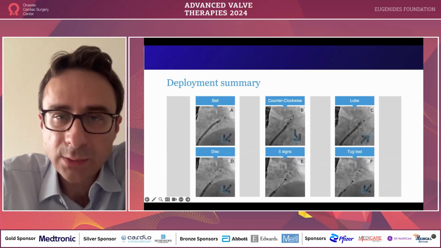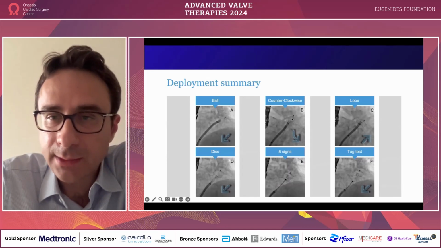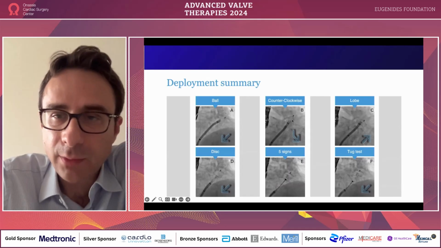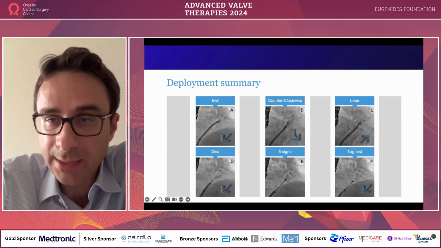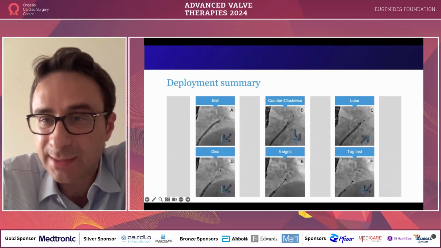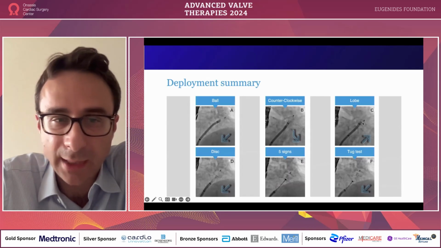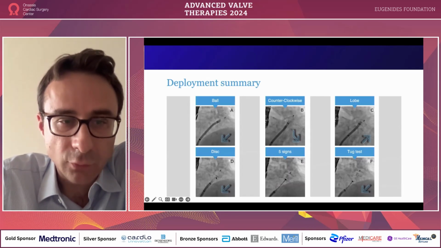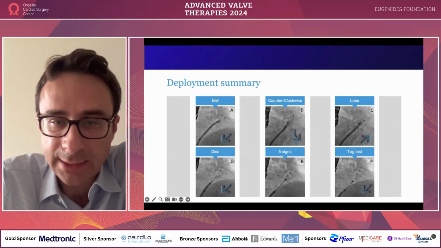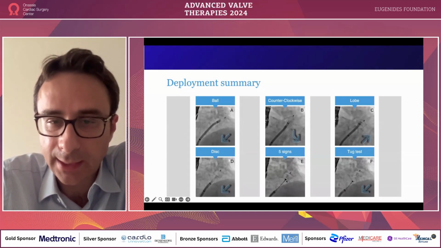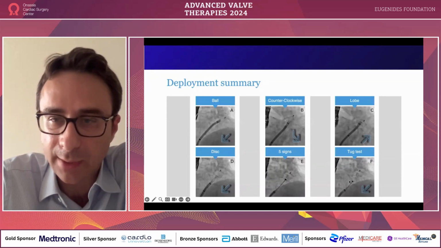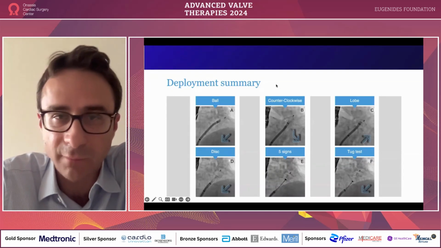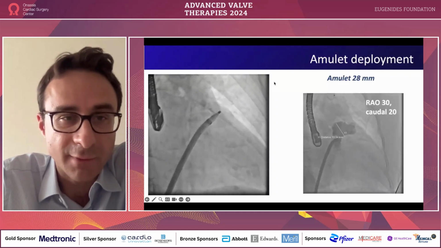Once we are at the landing zone level, we advance the device. Most of the time the device does not advance, but we just create the lobe. Then we perform an unsheathing to release the disc and push the disc against the anatomical ostium of the left appendage. Then the tug test is required to confirm the stability of the device.